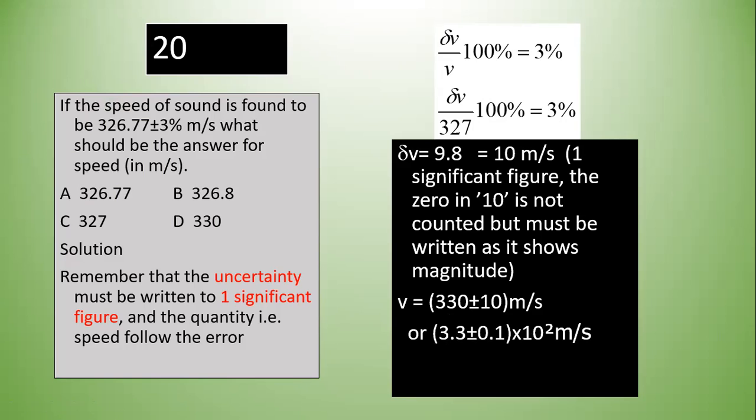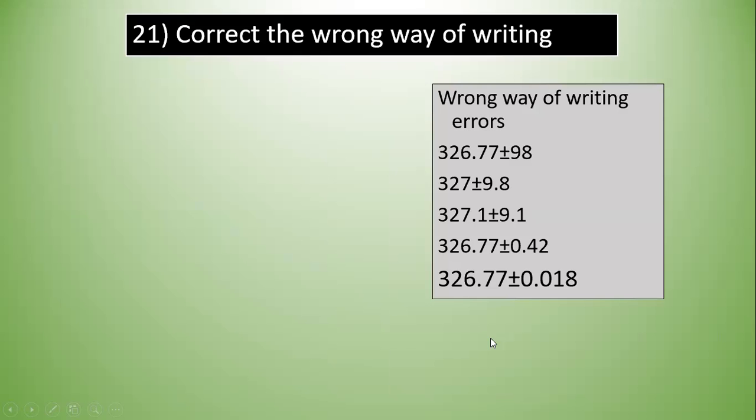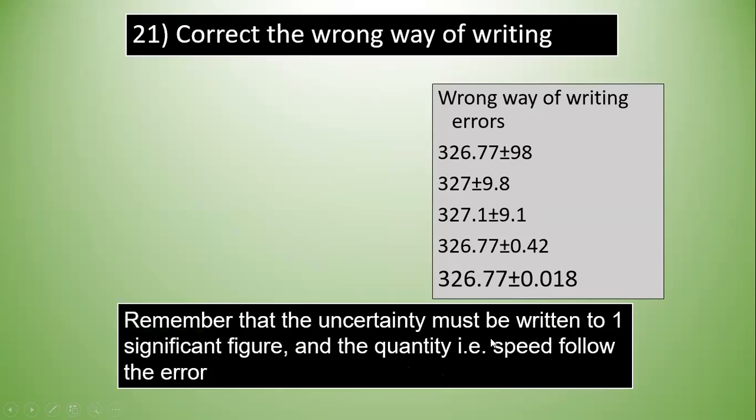Or you can write in scientific notation, which is easier to see. That's one decimal place, that's one decimal place. So you should be able to correct the number of significant figures.